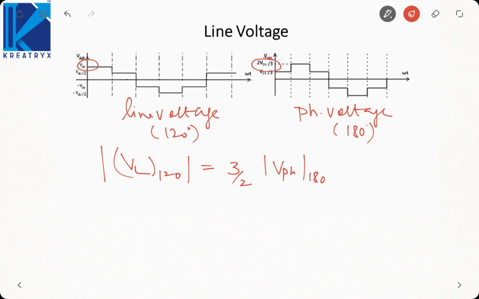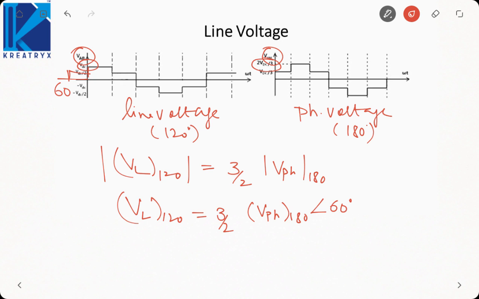Okay, because V phase 180 is 2 VDC by 3. If you multiply it by 3 by 2, it will become VDC. What about phase? If you see, this waveform leads the phase voltage of 180 degree by 60 degree because it is shifted towards the left by an amount 60. So what I can say, VL 120 is equal to 3 by 2 V phase 180 angle 60 degree. Okay, that is, it leads it by 60 degree.